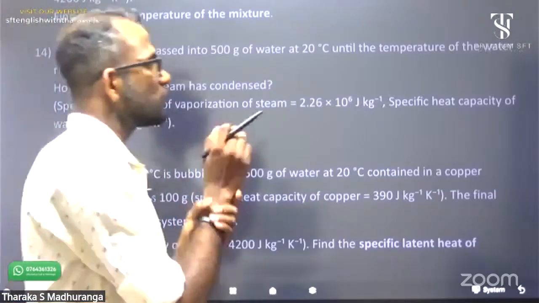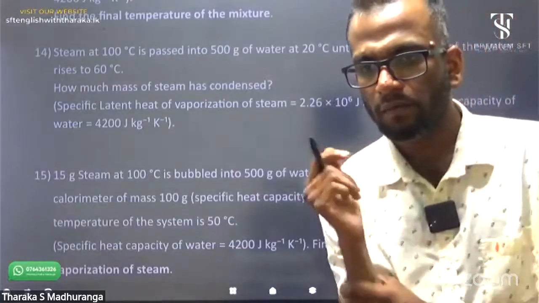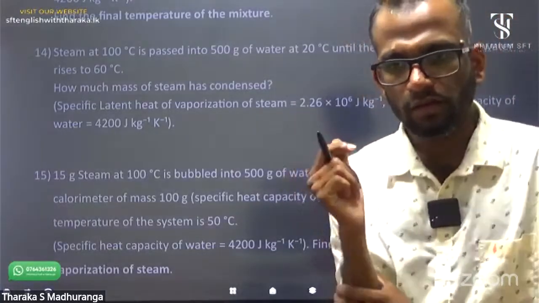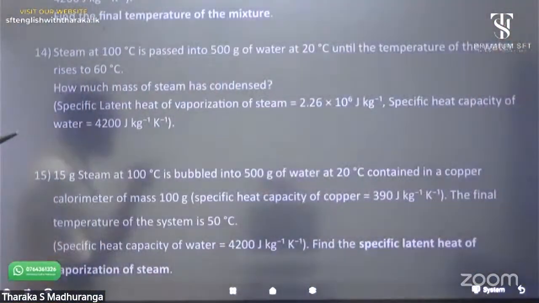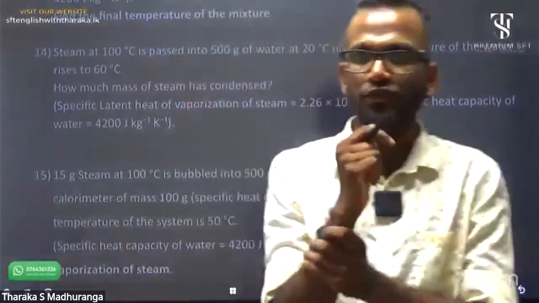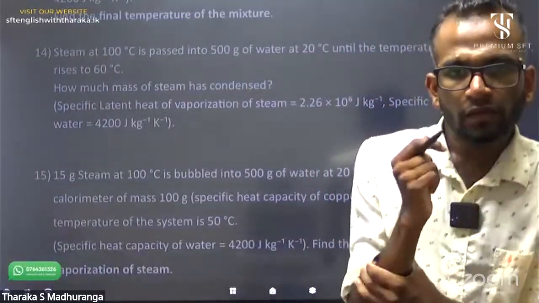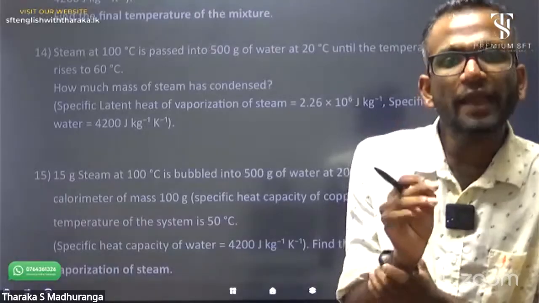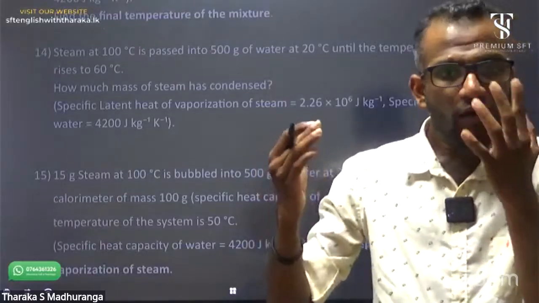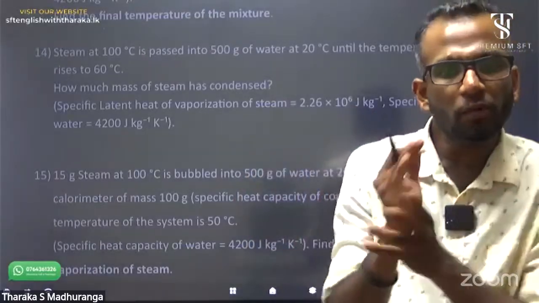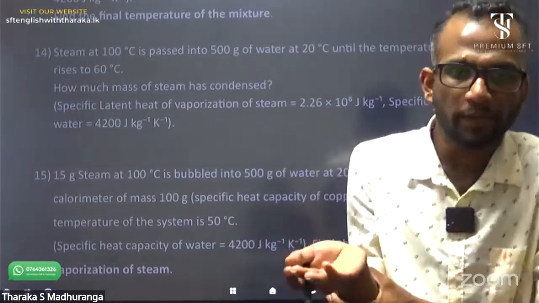Okay, it's a good question. Yes, correct, Messi, the 14 is a good question. Who got the answer for question number 14? The question asks about steam at 100 Celsius. Steam is water vapor. 100 Celsius is the boiling point or condensation temperature.